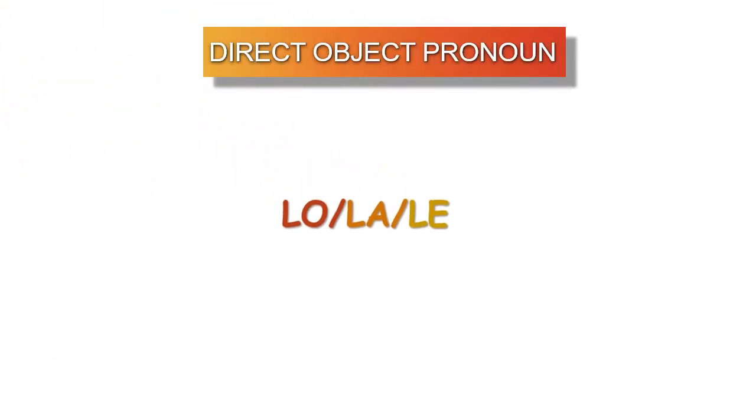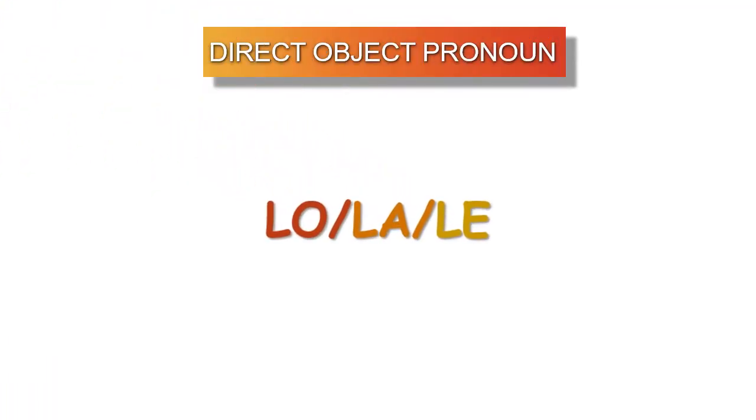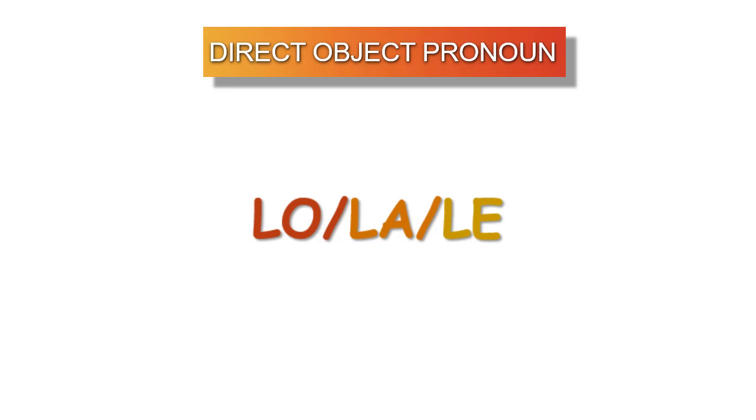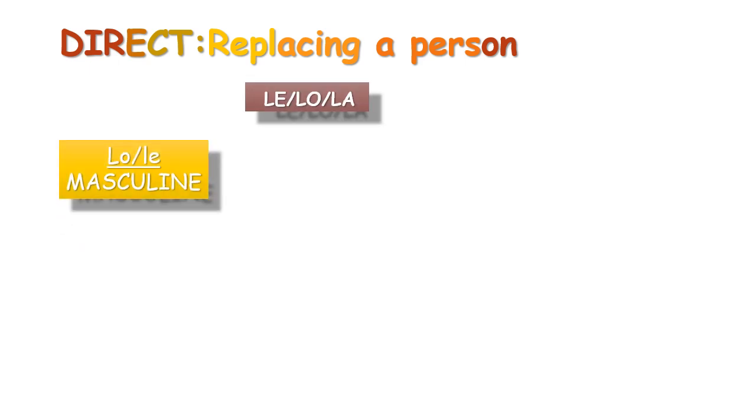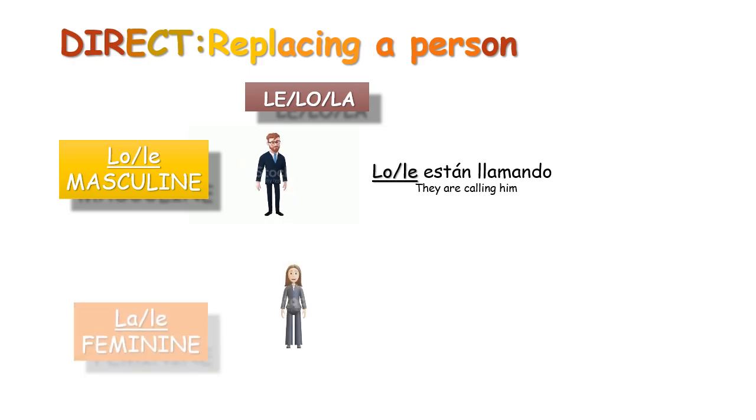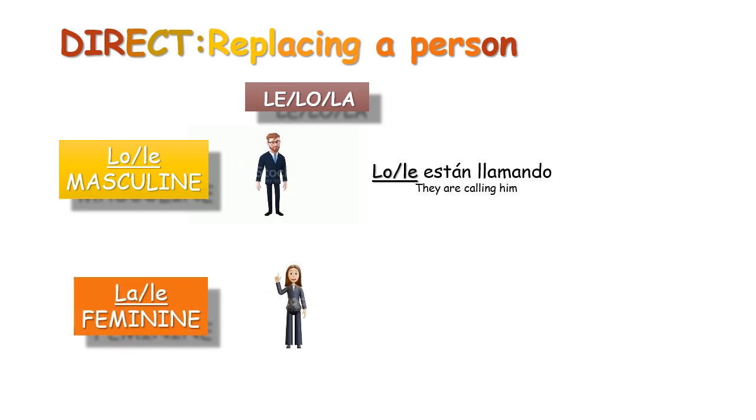Before more examples, let's break down the third person forms, lo, la, and le. When replacing a person first. Okay, when replacing a person, we can use lo or le for masculine. For example, they are calling him. You can say lo están llamando or le están llamando. And for feminine, we use la or le.